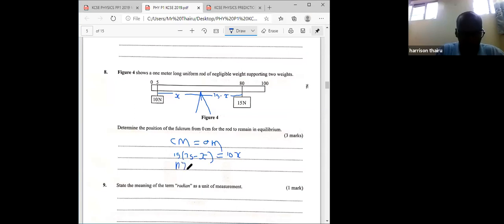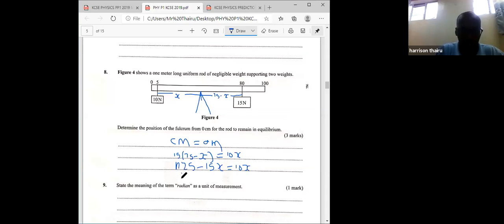So we have 1125 minus 15 times x, which gives 15x. The whole of it is equal to 10x. Take this to the other side and it becomes plus.